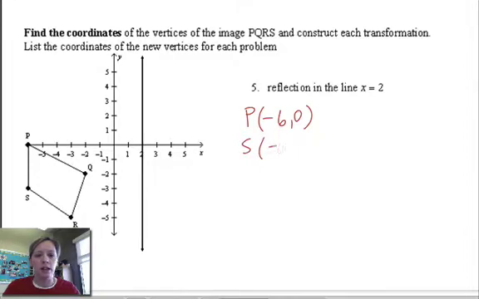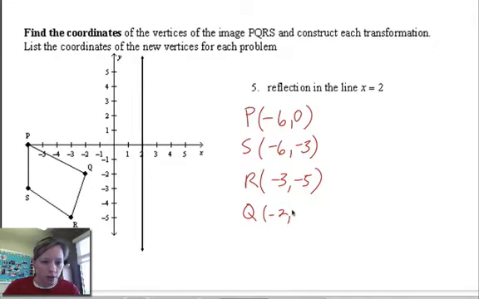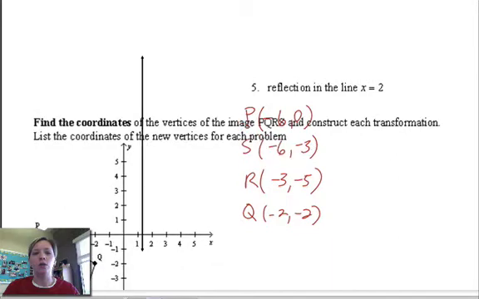S is at -6, -3. R is at -3, -5. And Q is at -2, -2.